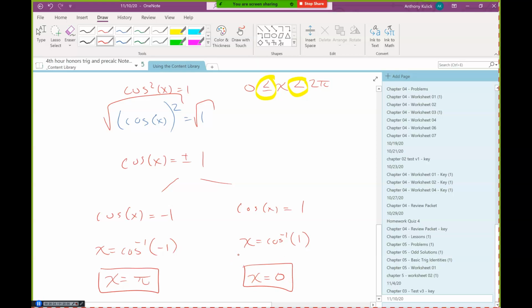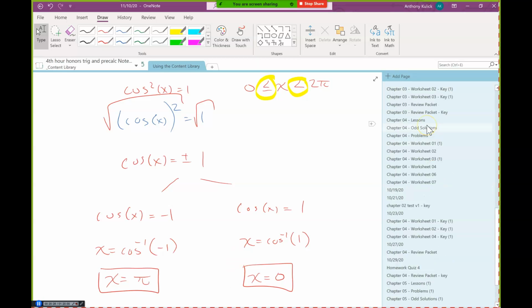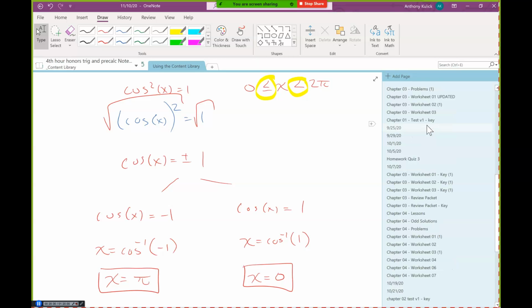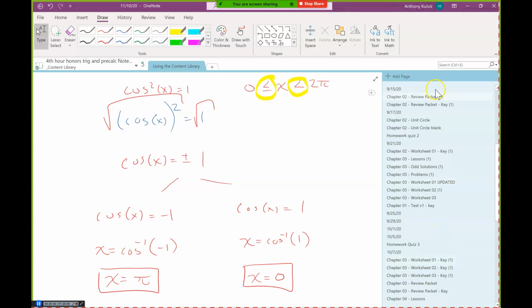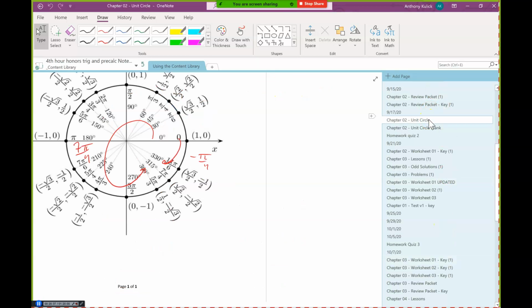Now I talked through how we looked at the unit circle. Let's look at the unit circle and point that out, just to make sure that we got it. If you have your unit circle, you could certainly be looking at it right now. Oh, look, I have scribbly scrabblies all on my unit circle.